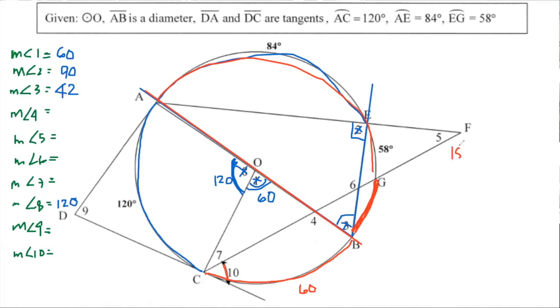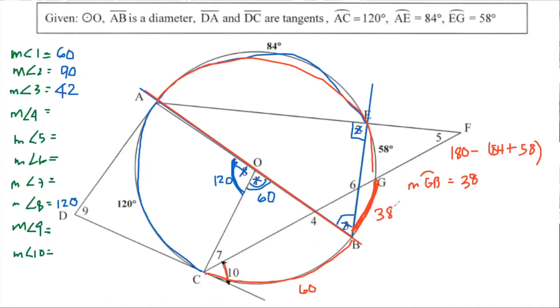Therefore, 180 minus the sum of 84 and 58 should equal the value of GB. So the measure of arc GB will be 180 minus 142, which is 38.